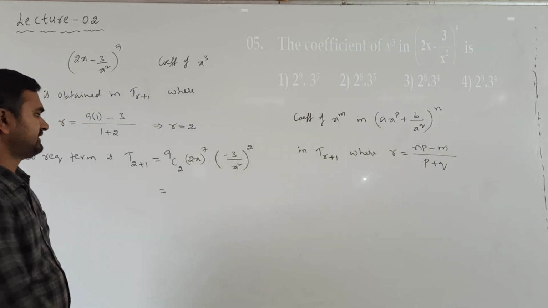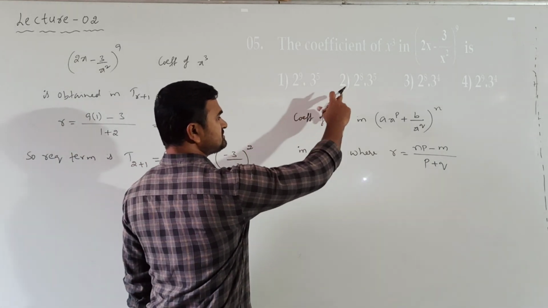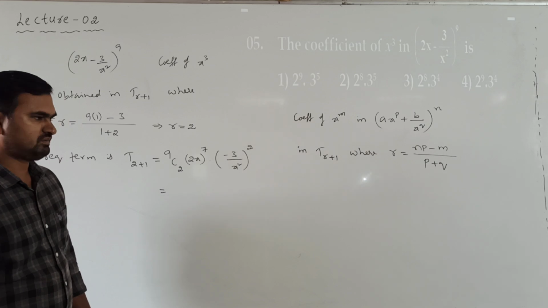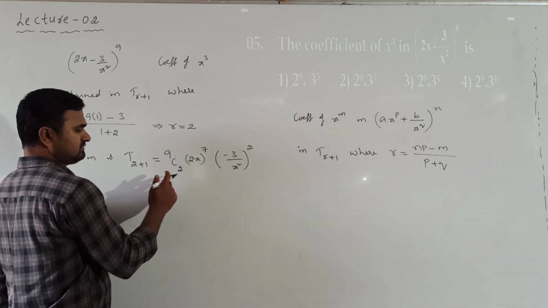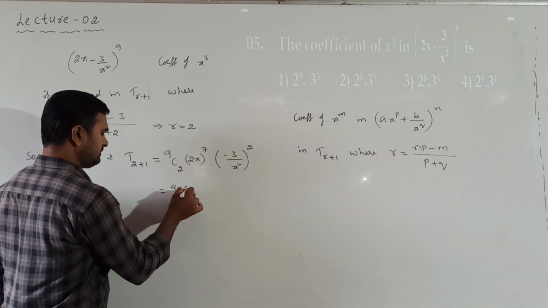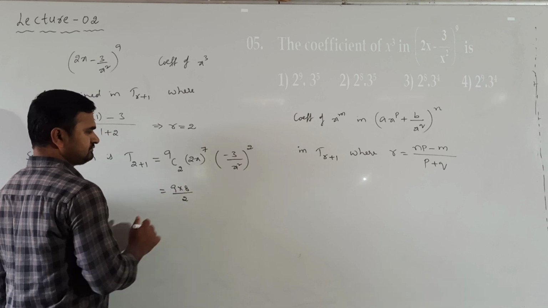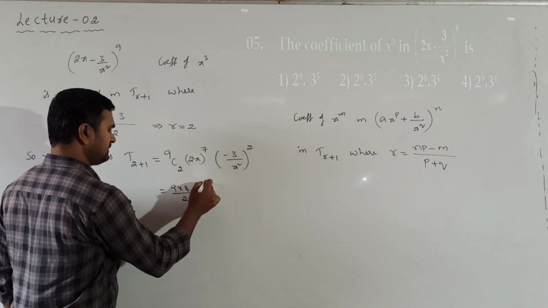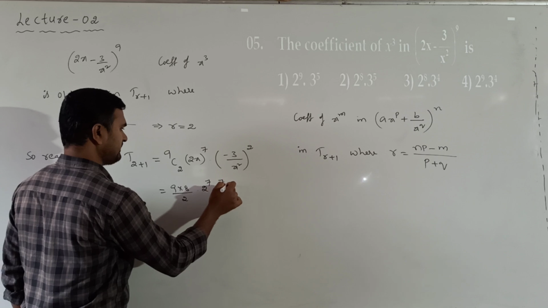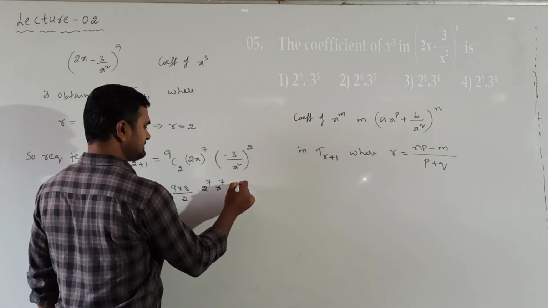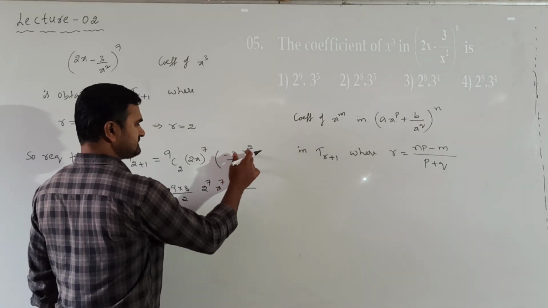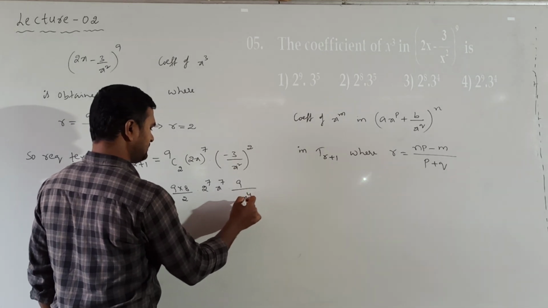Now here we have to simplify nCr because options are given in the simplified form. So this 9C2 value is 9 into 8 by 2, into 2 power 7 x power 7, minus 3 square is 9, x square power 2 is x power 4.